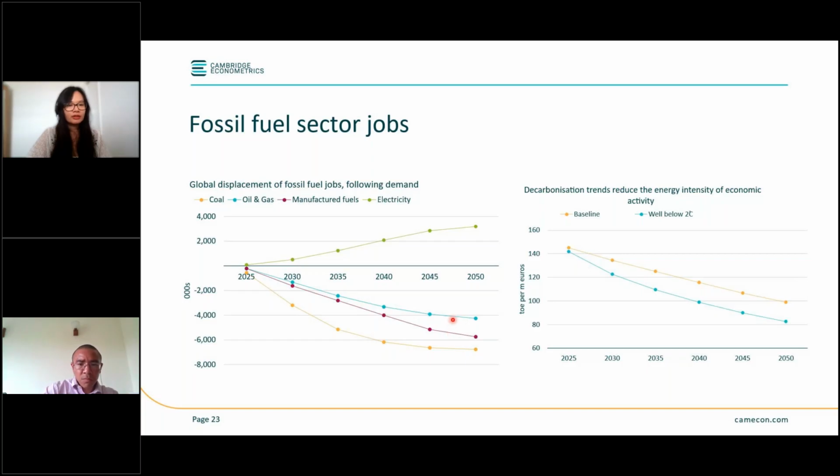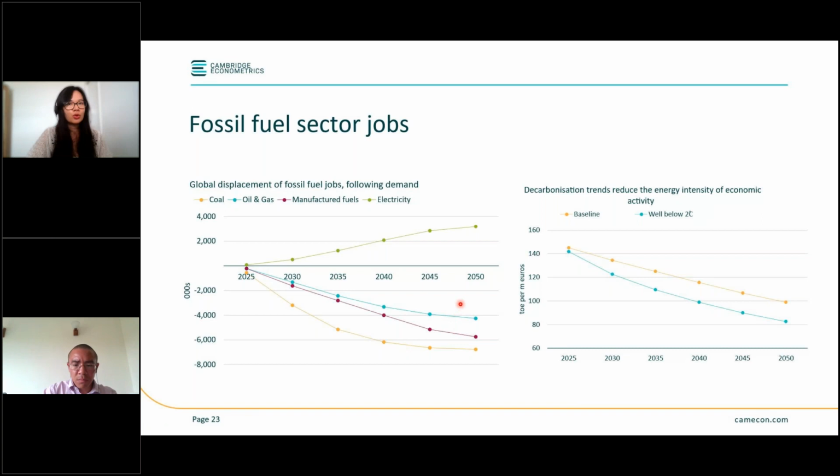And at the opposite end, there is an increase in employment in the electricity sector. There is a substitution effect here, which aligns with the change in demand at the global level that we saw previously.